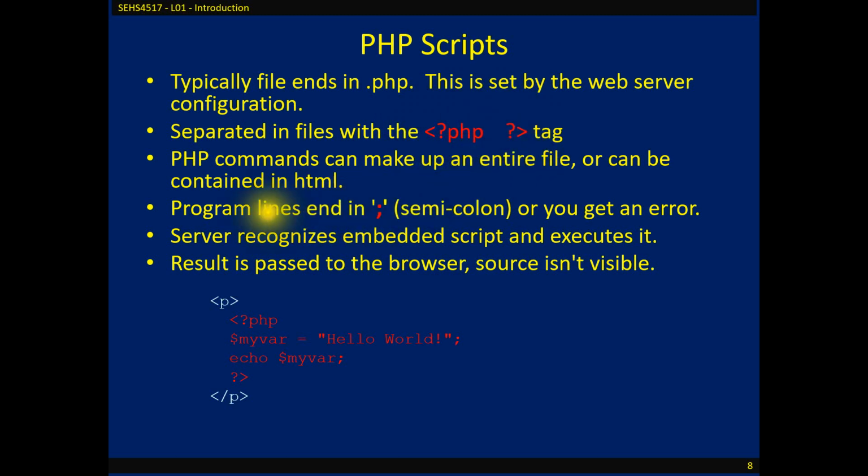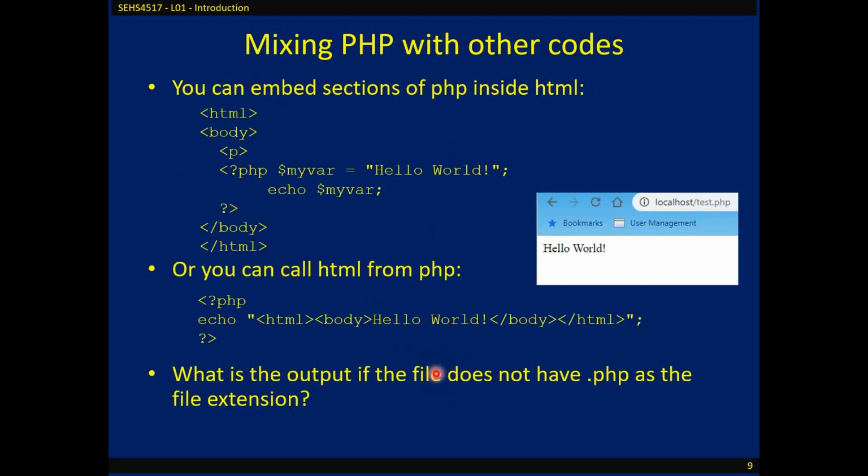Each line must end in a semicolon, just like the example here. And this is an example of how you mix PHP with other code. You can embed sections of PHP inside HTML like this, or you can call HTML from PHP just like this.